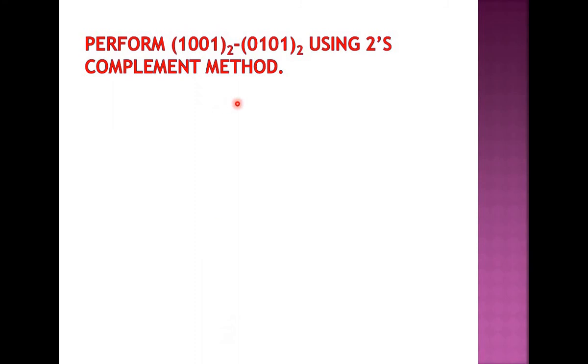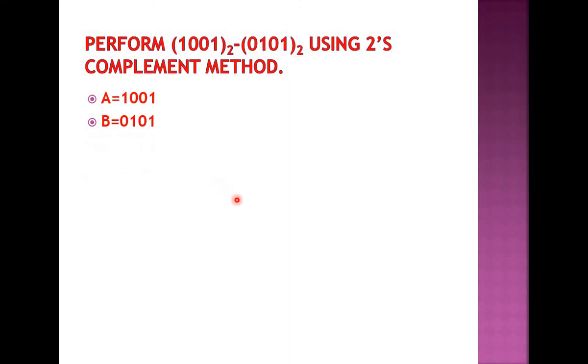We have to perform the subtraction 1001 to the base 2 minus 0101 to the base 2 using the 2's complement method. So here we first write A is equal to 1001 and B is equal to 0101.